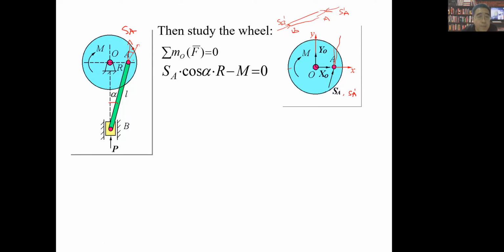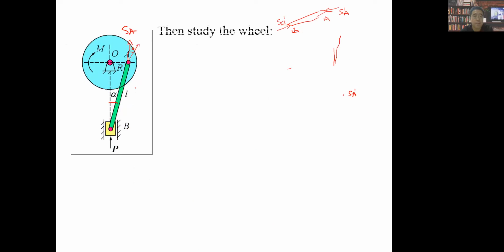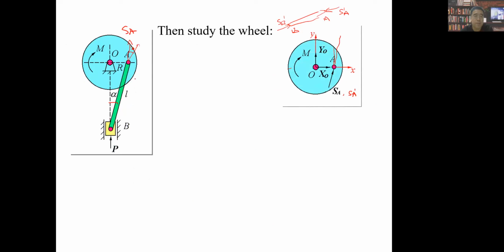I'm sorry, SA cosine alpha. Let me see. This is SA.